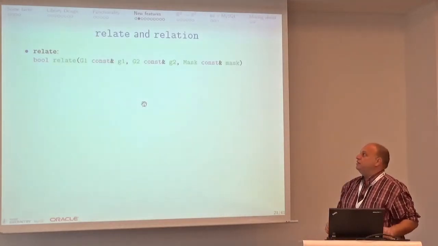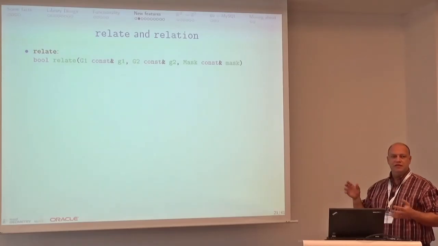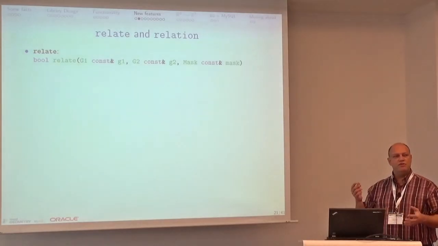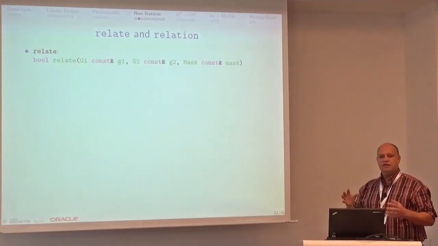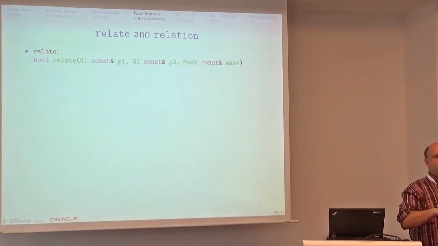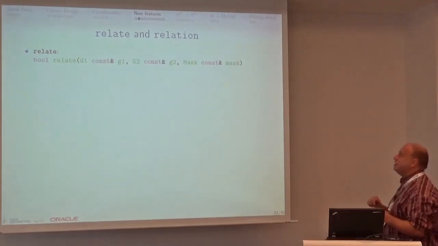So what is relate? In order to explain relate, I would have to talk about what is known as the DE-9IM matrix. This is a matrix that, given two geometries, tells you the relative positions of their interiors, boundaries, and exteriors. It's a 3 by 3 matrix.